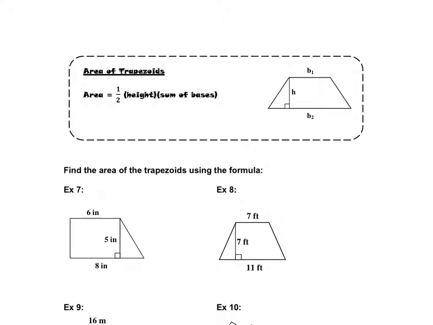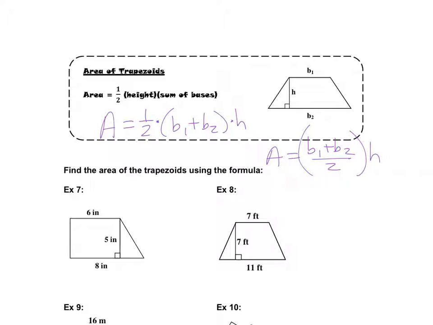The formula for area of a trapezoid is this one right here in this little dotted box. I don't necessarily write it like this. You might have seen it as area equals 1/2 times B1 plus B2 times height. You might have seen it as area equals B1 plus B2 divided by 2 times height. That is typically the one I do.